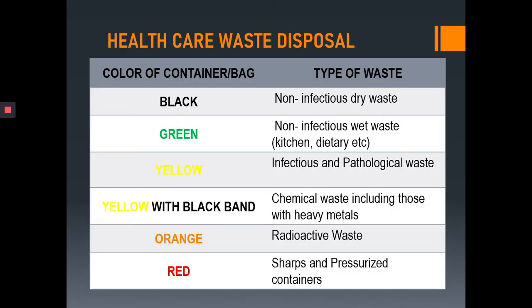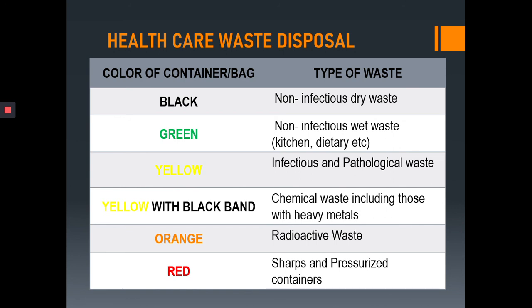Okay. And then we have the healthcare waste disposal. For the healthcare waste disposal, remember that our laboratory generates different types of waste every day, and they are not all disposed in the same container. So we have to segregate the wastes that we generate, and then we dispose them in appropriate waste containers.